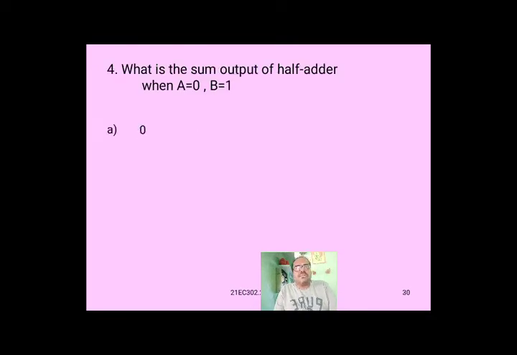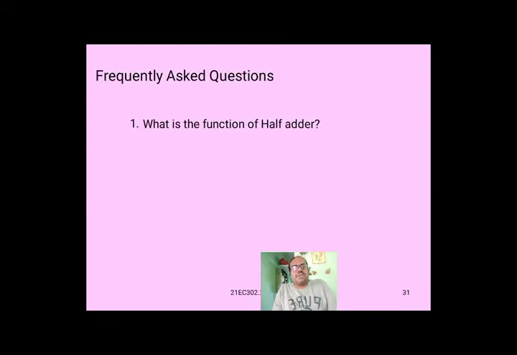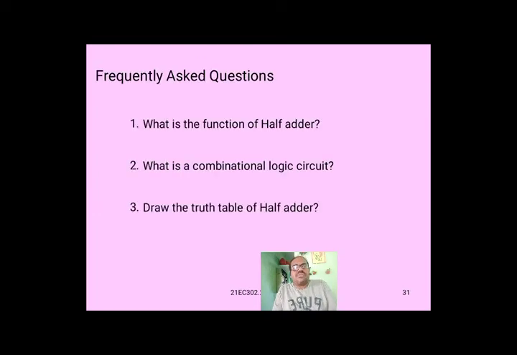Fourth one. What is the sum output of half adder when A equal to 0 and B equal to 1? For A equal to 0 and B equal to 1, sum value is equal to 1. Answer is B.